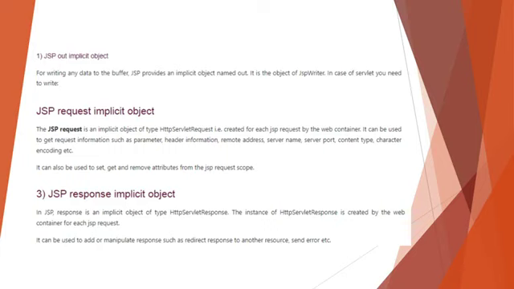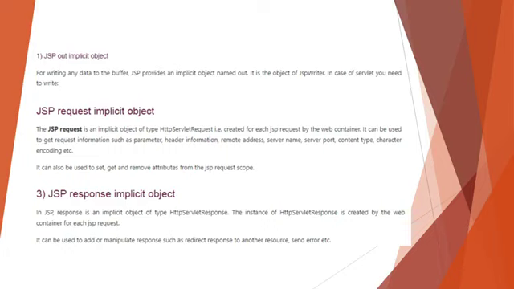Also note that out is used almost exclusively in scriptlets, since JSP expressions automatically get placed in the output stream and thus rarely need to refer to out explicitly. What does it mean? That whatever output is coming will be handled by the out implicit object.